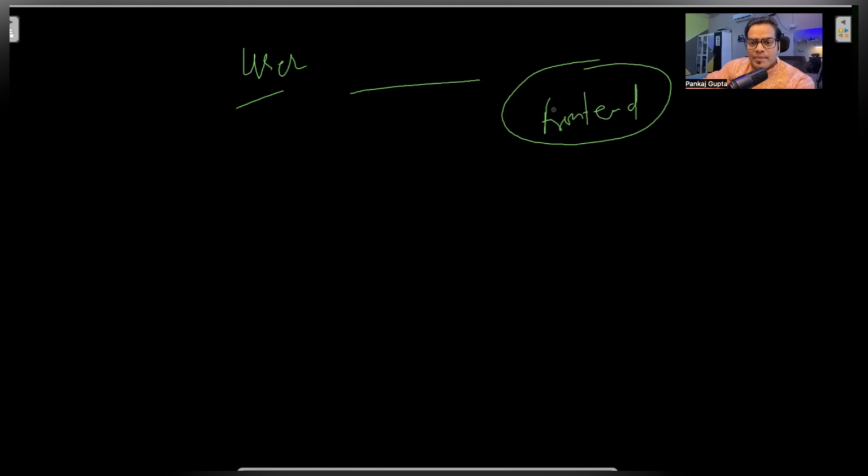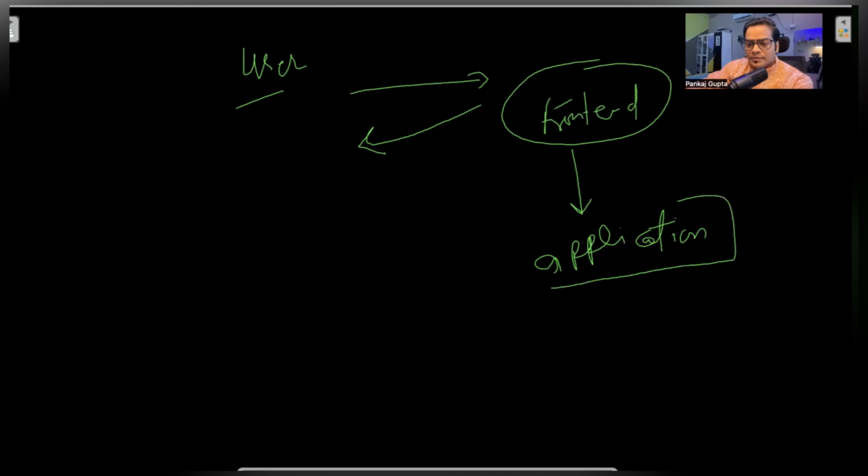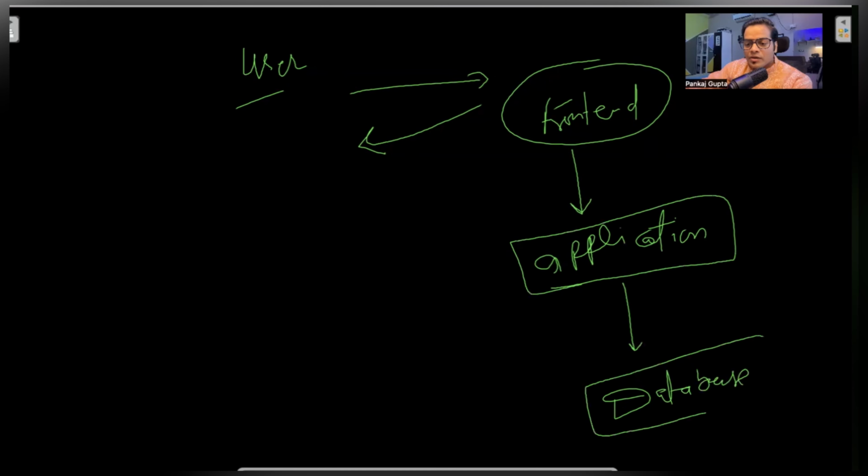It could be any application, a banking application, Facebook, or any platform where the user is interacting directly, putting some data in and getting some data out. This front end is further attached to the application, which is actually the code running for that specific application. And then the application is further attached to a database.